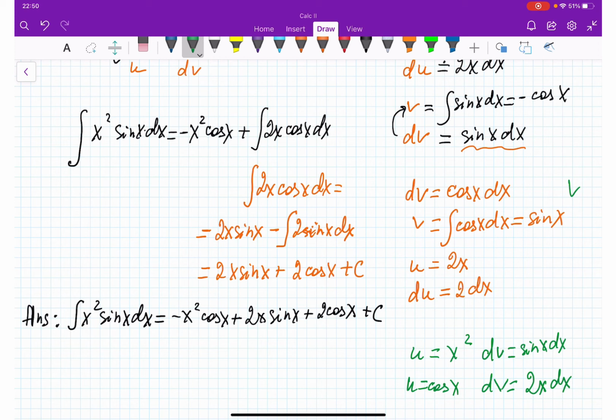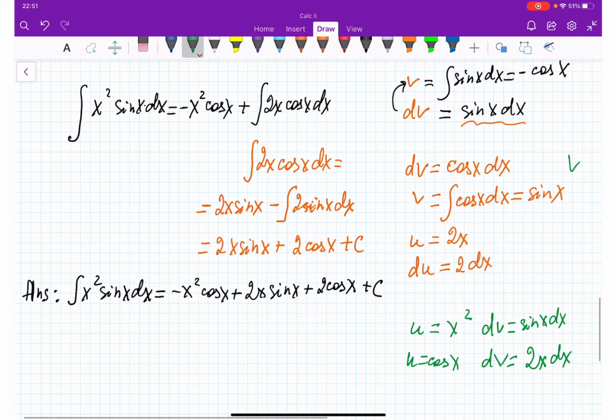Again, the trig function, or transcendental function, with dx will be your dv, and u will be the algebraic function, okay? So this will bring you to a different answer.